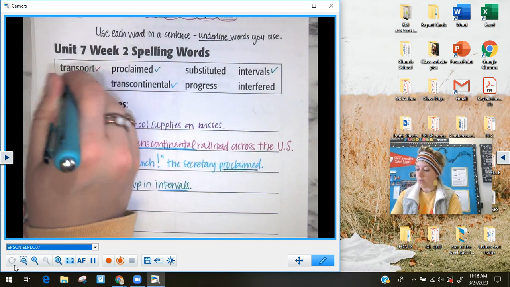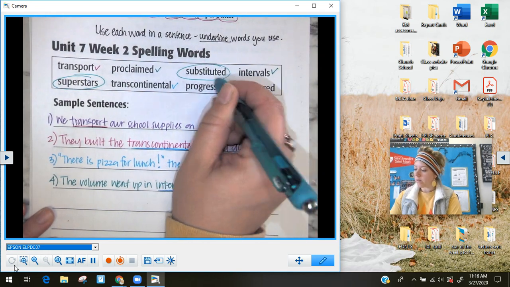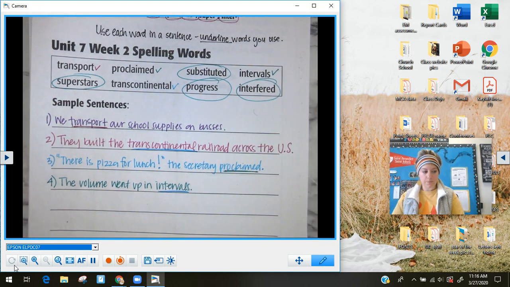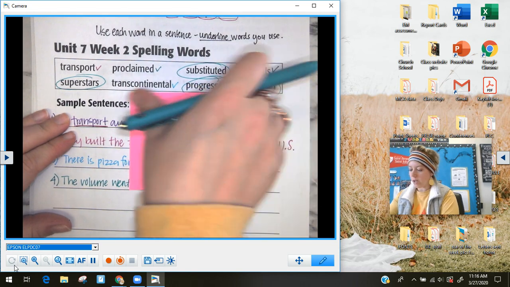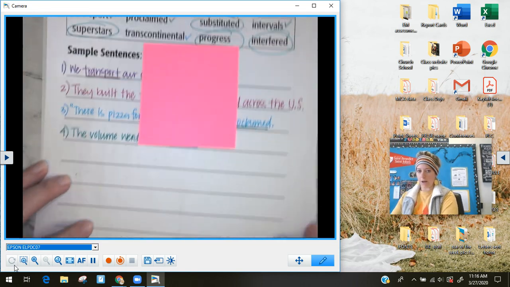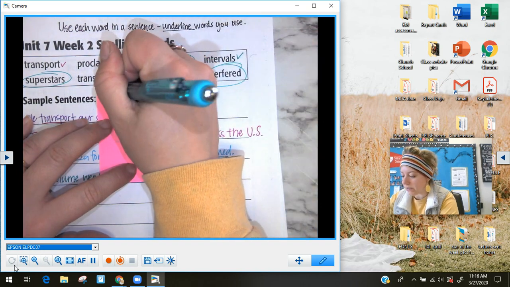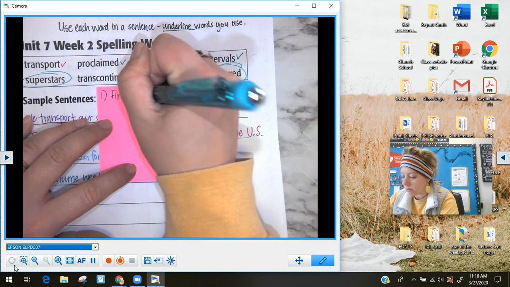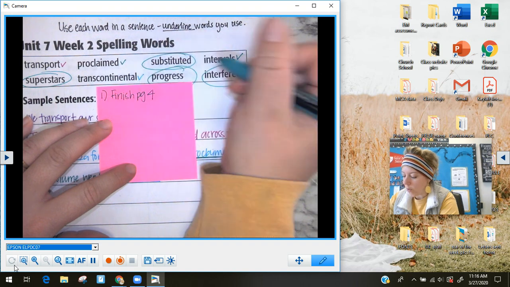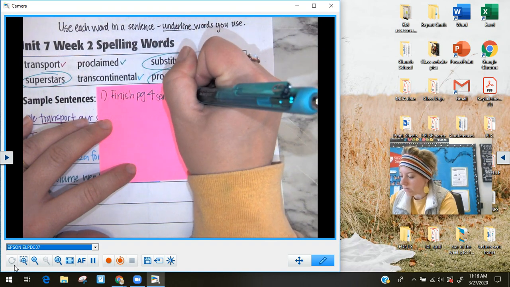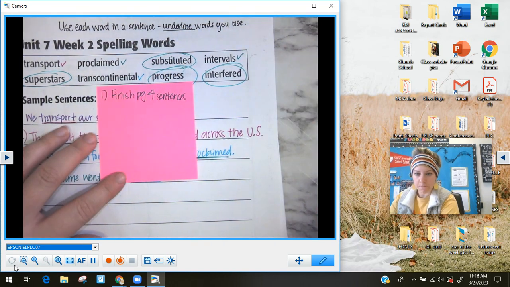All right, so your job now, please, is to write only 4 more sentences. I did half of it with you. 4 more sentences using those words, okay? That's the first part of your assignment. So this is page 4 on the bottom. Your first part of your assignment is finish page 4 sentences, okay?